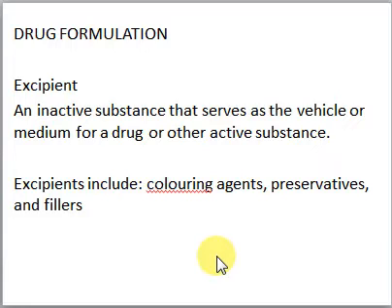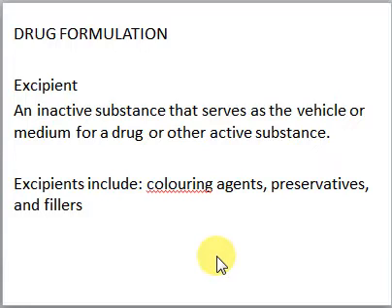These inactive substances act as a vehicle or a medium for the drug, the medium in which the drug substance is trapped. These are called excipients. Excipients include coloring agents, preservatives, fillers, etc., right? Normally the color of the medicine is because of those excipients.